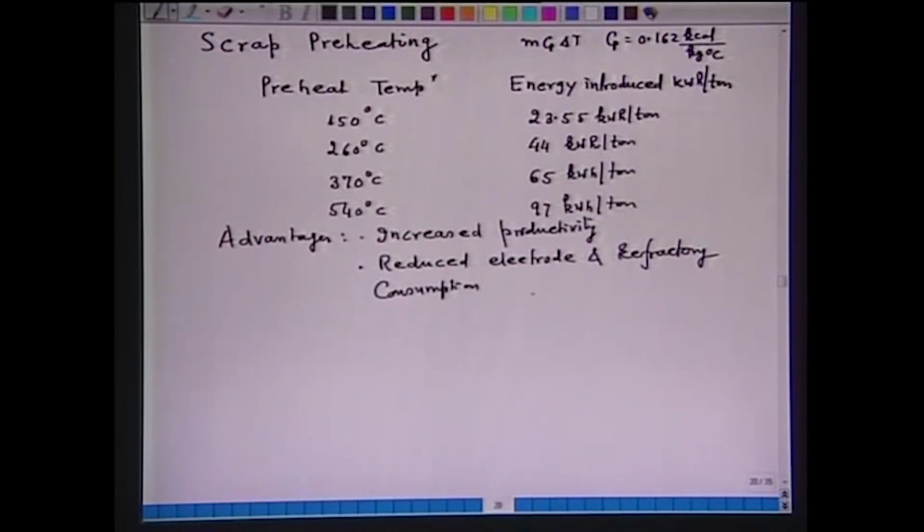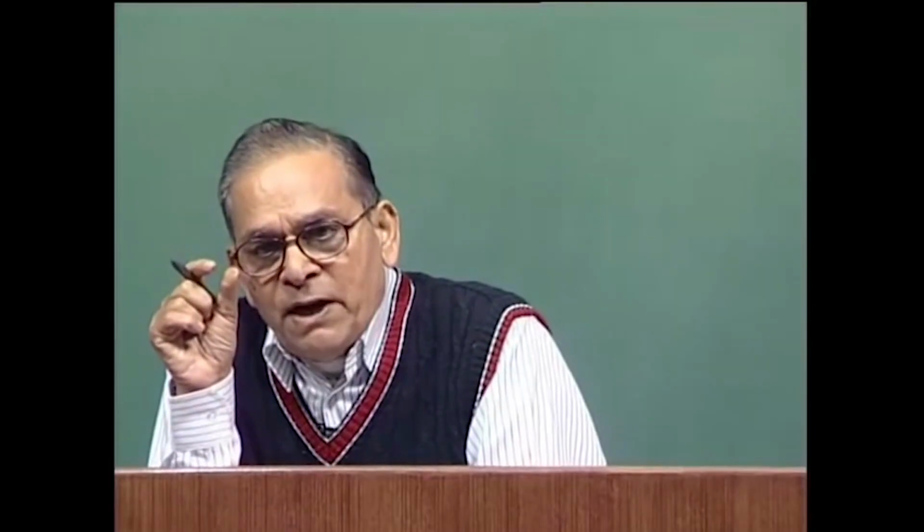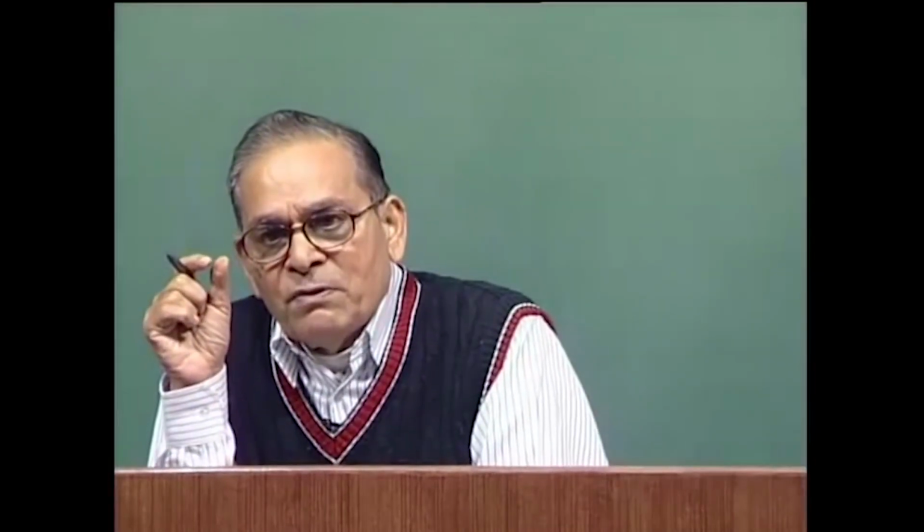Now, this advantage number 2, reduced electrode and refractory consumption, are indirect advantages, because you are decreasing the meltdown period as you have added some extra energy by preheating the scrap. If you decrease the meltdown period, the total tap to tap time will also decrease.